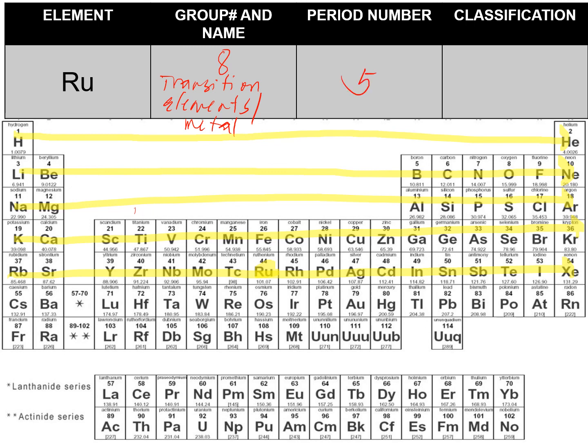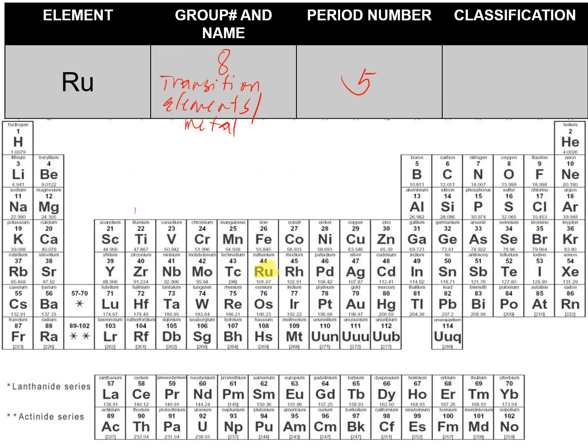Okay, period number 5. Ano ang kanyang classification? Is it metal, non-metal, or metalloid? Hanapin ulit natin yung staircase. Ayan. So, siya ay nasa left. Ayun o, nasa left siya. So, si Ru ay metal. Ru is considered as metal.